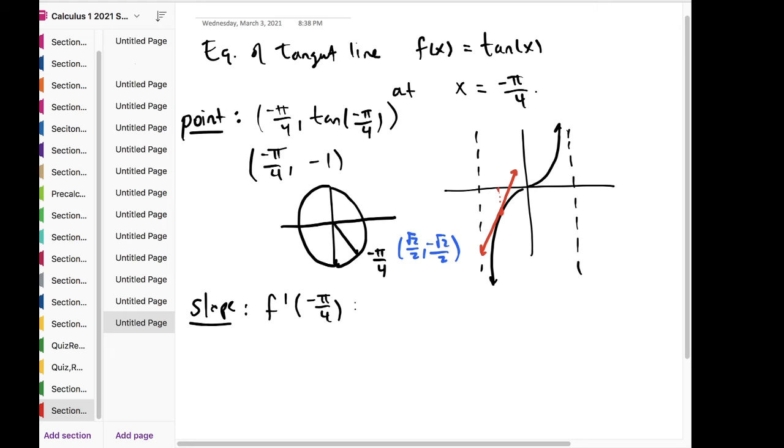So the derivative is secant squared, and then you plug in negative pi over 4. So this is secant squared of negative pi over 4. Anyone know what that is?